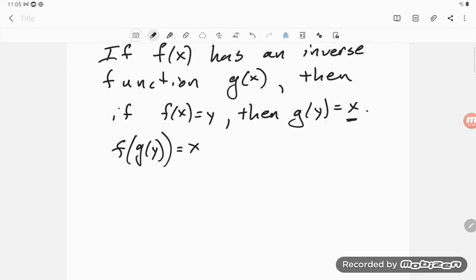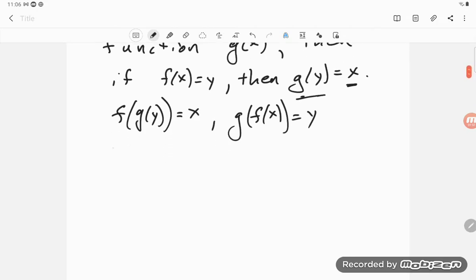Here's some x, if it happens to be g of y, so I take f of g of y, I get back to x. And similarly, y is f of x, so if I say g of f of x, I get back to y.